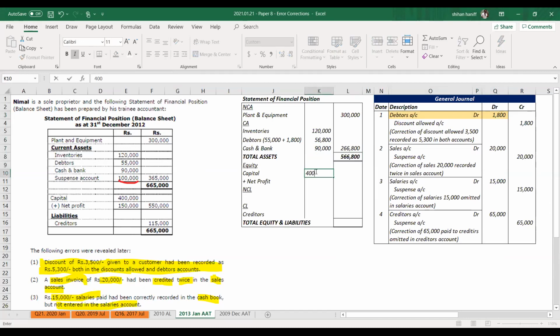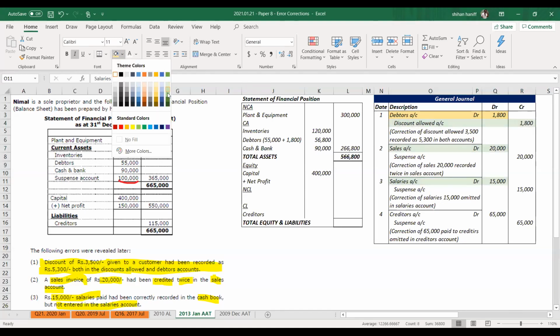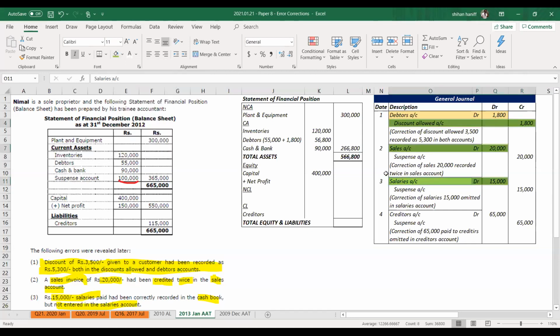Capital didn't change. Net profit will change because there is discount allowed, sales, salaries. So due to these three transactions, net profit will change. Okay, then the creditors account debit.